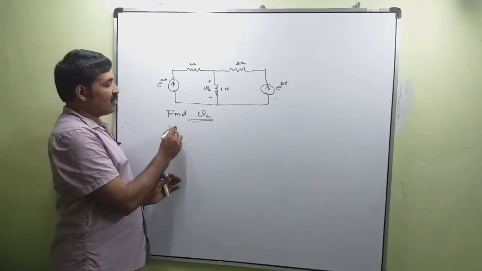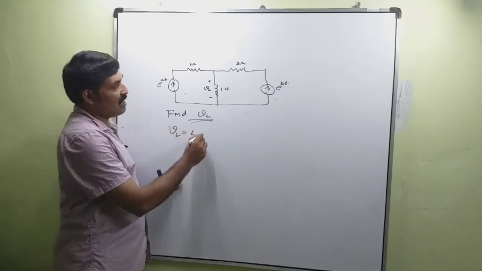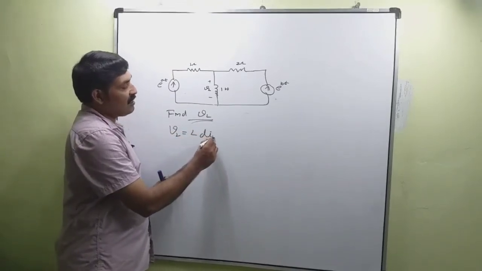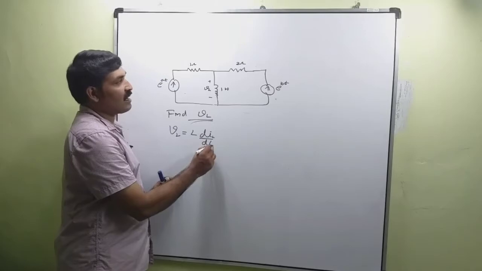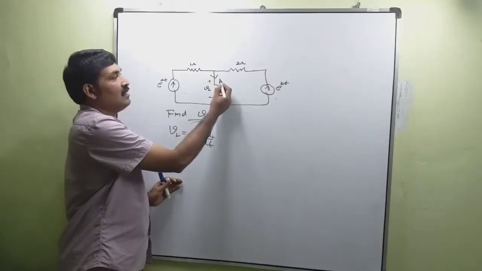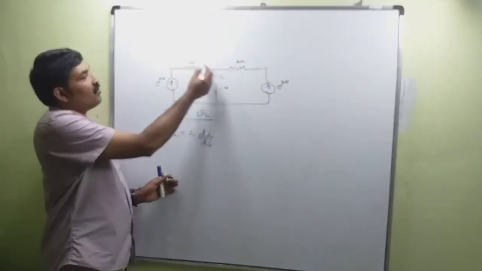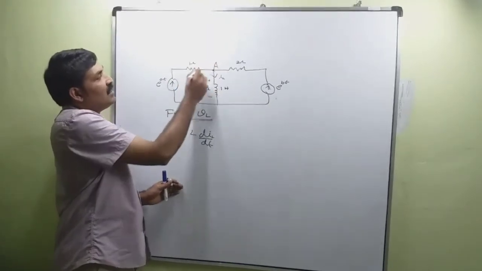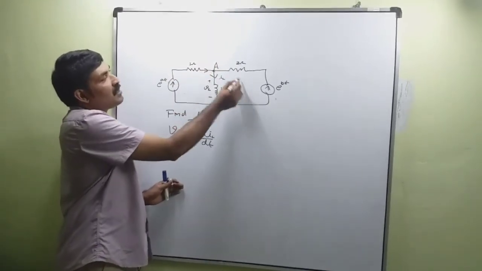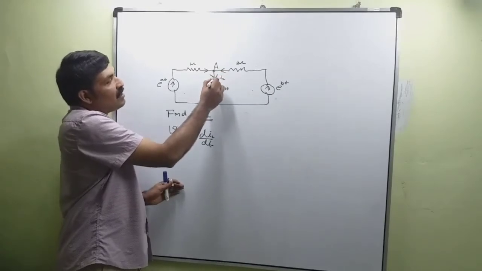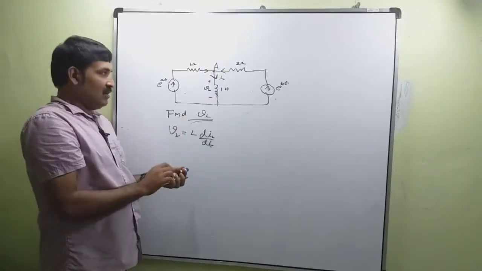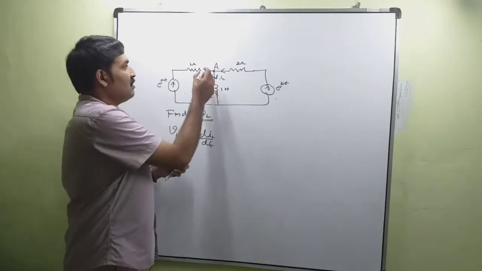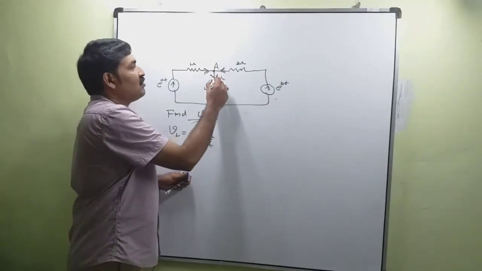Then we know that voltage across inductance VL is equal to L dIL by dt, where IL is the current flowing through this inductance. Now the incoming current to this node, let this node be A, is this current plus this current, and this current will leave through the inductor.